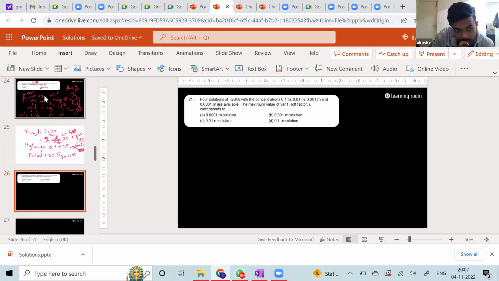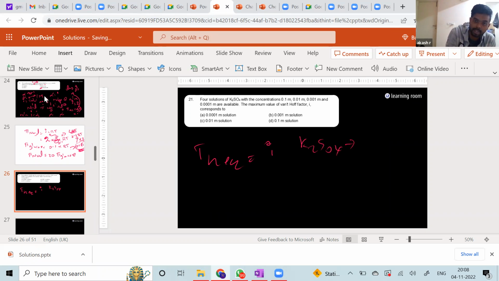Alpha doesn't change with concentration, whereas your Van 't Hoff factor i will change with concentration. Now we have decided that the total number of moles at equilibrium is i. If you go for K2SO4, that will give me 2K+ and SO4 2-.